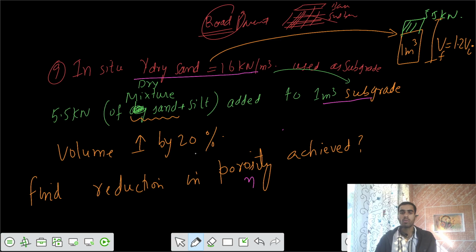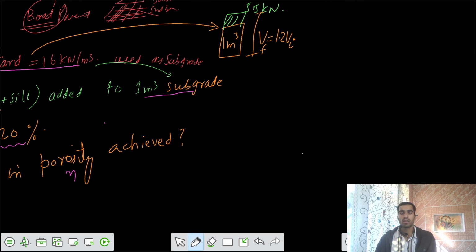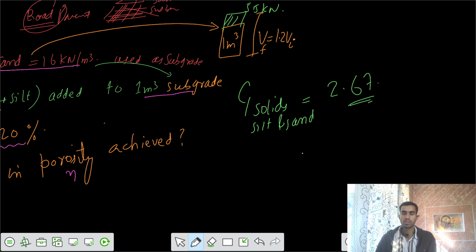Now we are adding 5.5 kilonewton of the dry sand plus silt mixture, and because of this your volume is increasing by 20%. One more data is given: assume that the G value for the solids of silt and sand are the same, 2.67 for both materials.